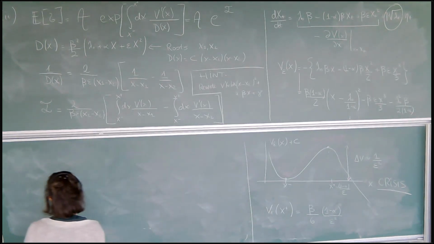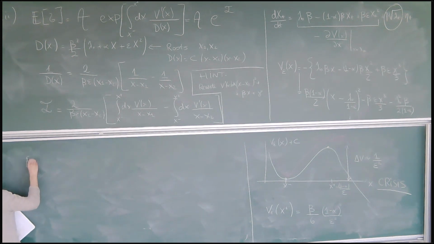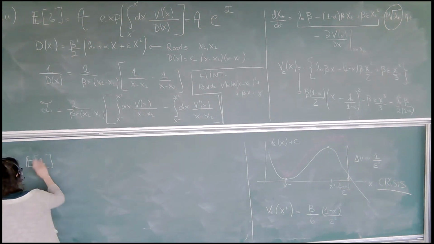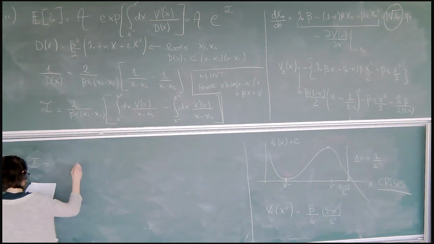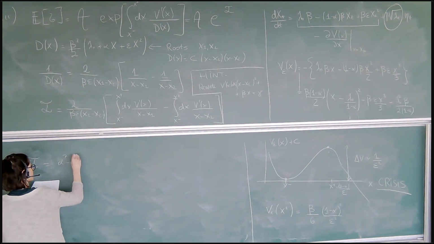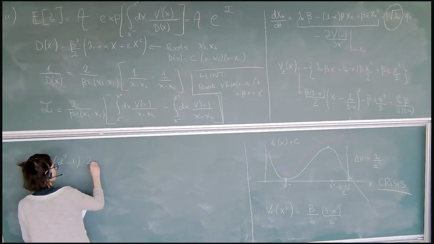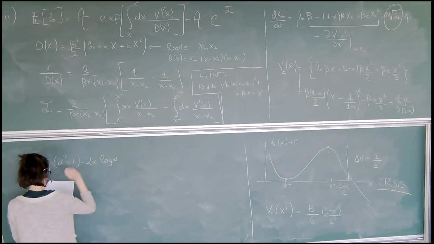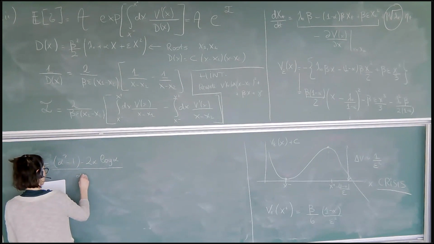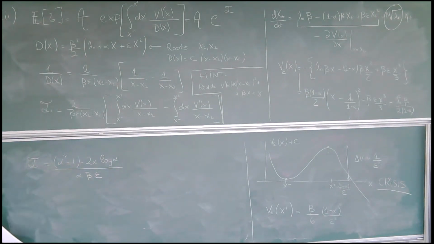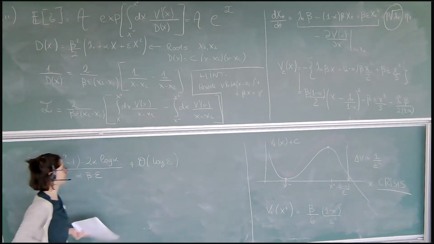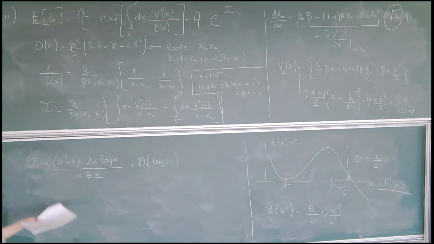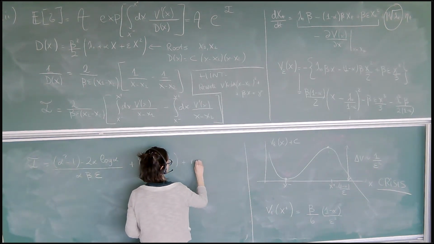The expression that you get is as follows. You get that this E of tau, or actually the integral that you have in the exponential, will go like alpha squared minus 1 minus 2 alpha log alpha, divided by alpha beta epsilon, plus you have logarithmic corrections in epsilon, plus terms which are regular when you send epsilon to 0.